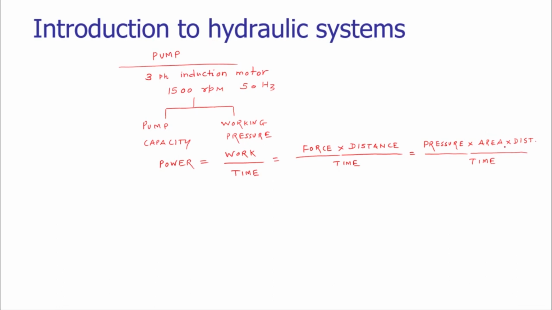So the area into distance is the volume, and the ratio of area into displacement to time is called the volume rate. So instead of writing area into distance divided by time, I can write this as pressure into flow rate.